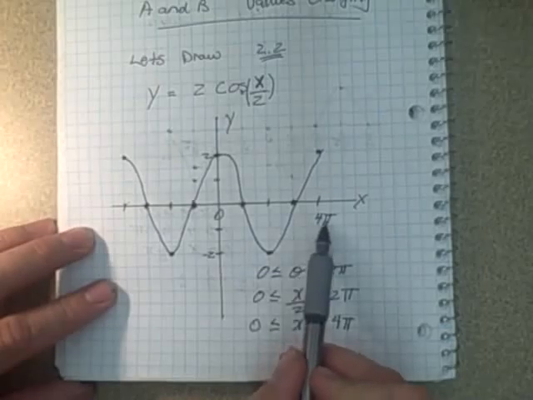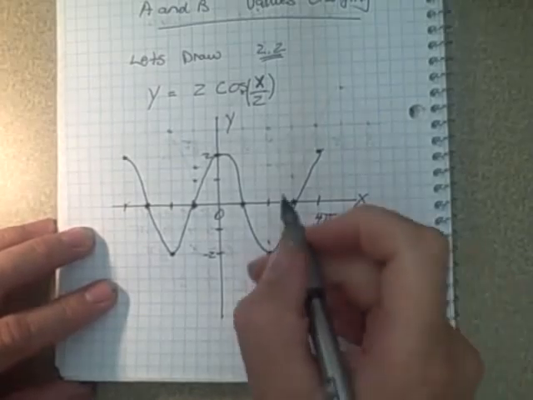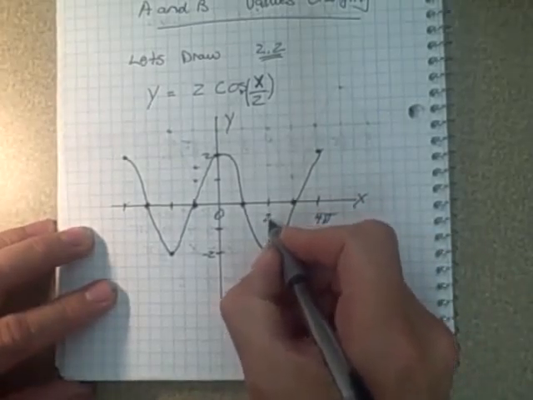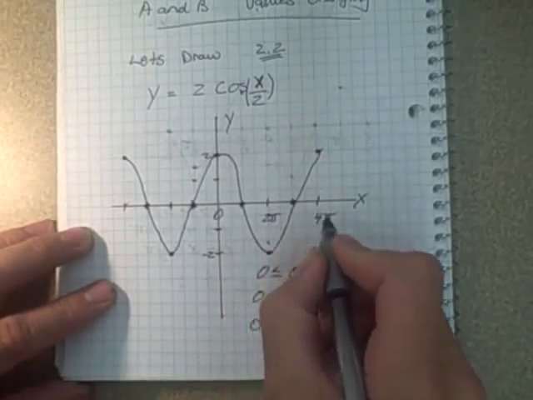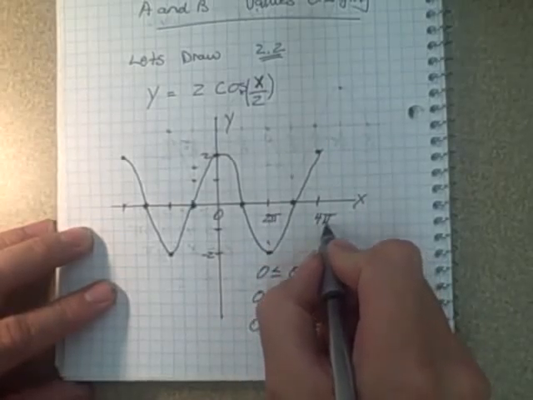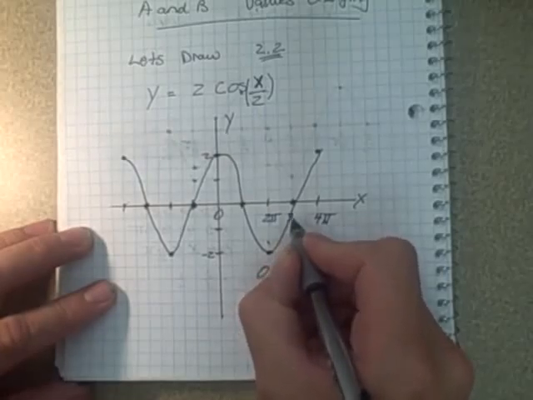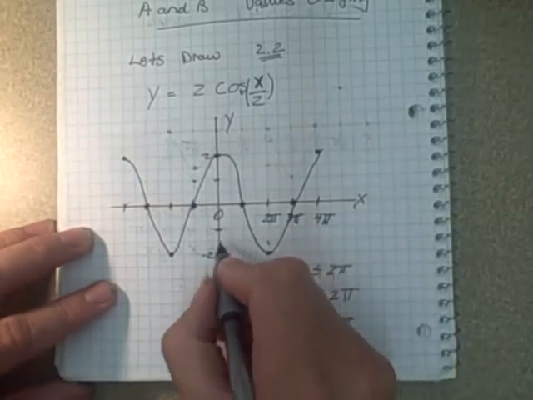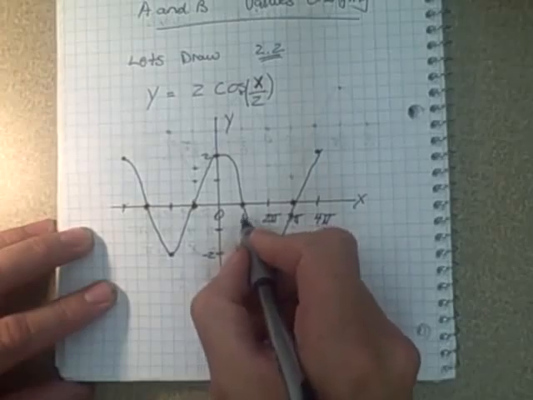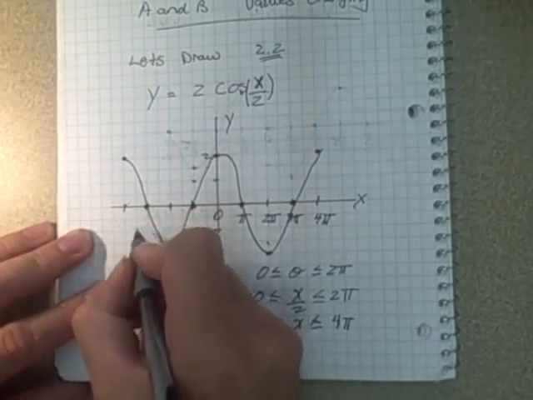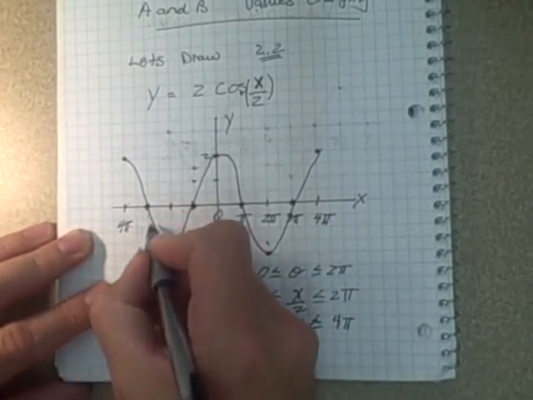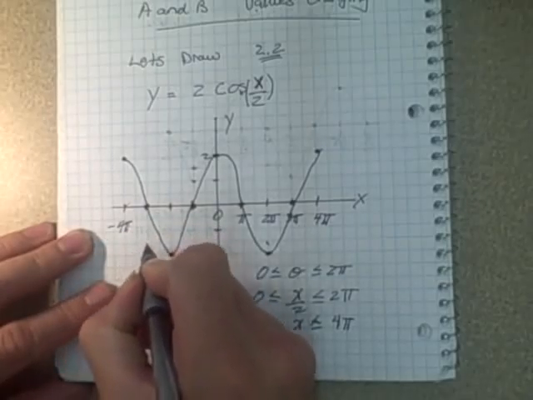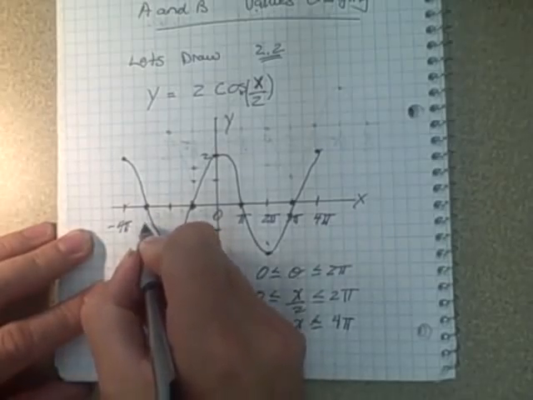You can take this one plus this one and divide by 2 to get the middle. And to get the middle of this one, you take this one plus this one and divide by 2. It's just 3 pi. And this one plus this one divided by 2 is pi. You would get the same thing here, except negative values in this case.